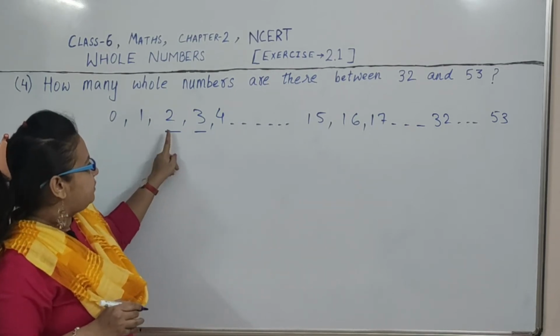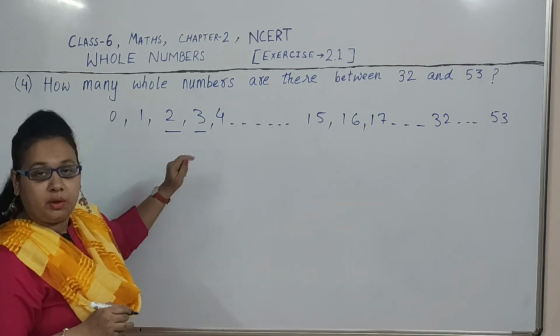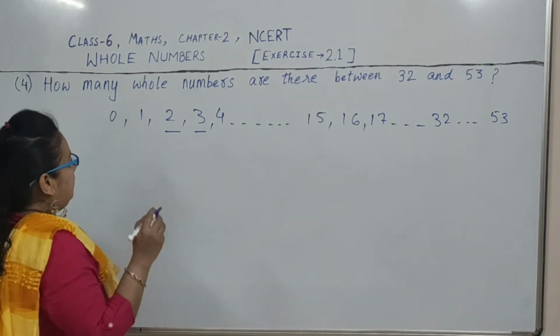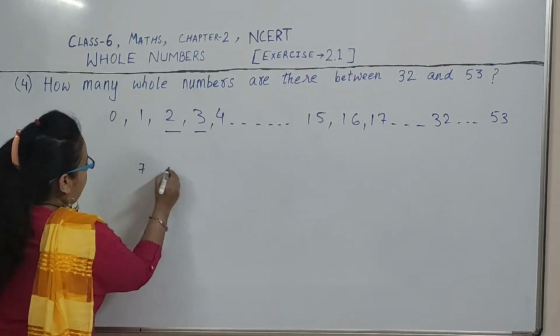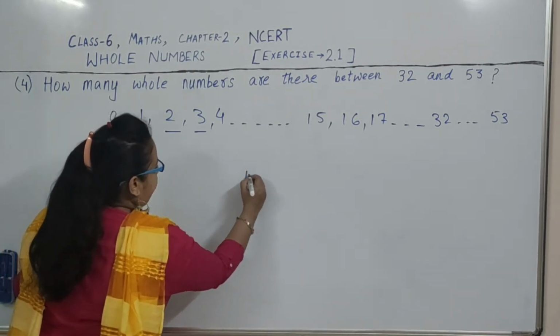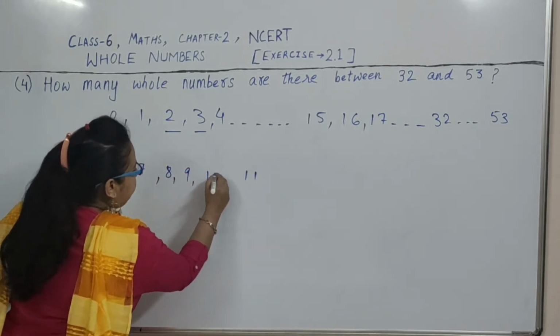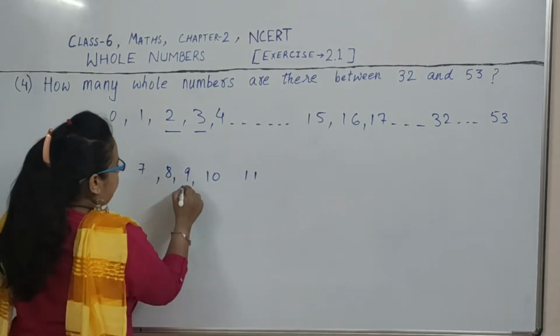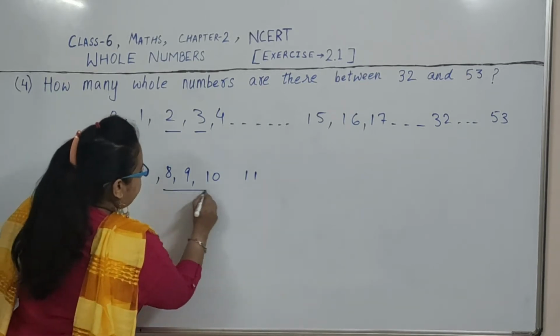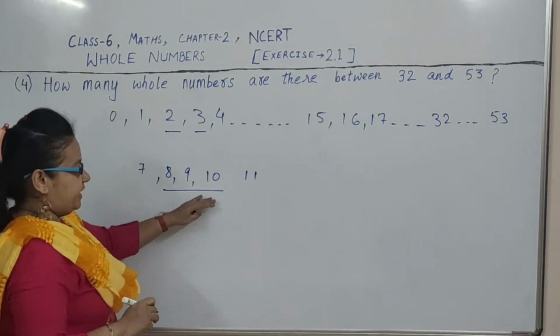Again, if someone asks how many whole numbers are there between 7 and 11, you will write 8, 9 and 10. So the whole numbers between 7 and 11 are these three numbers.